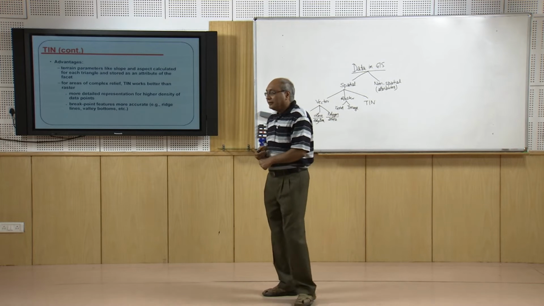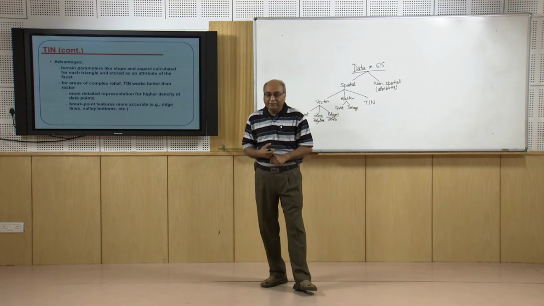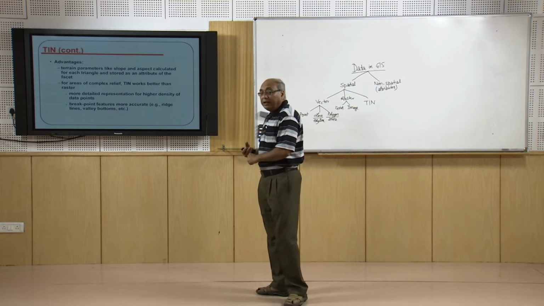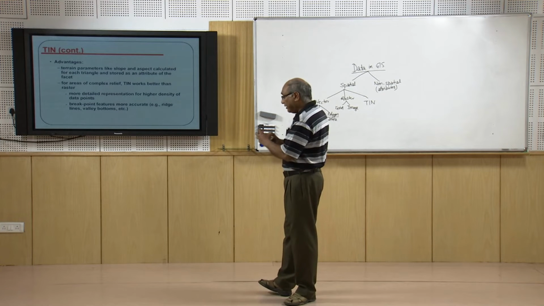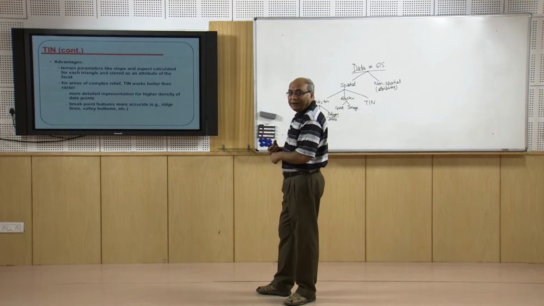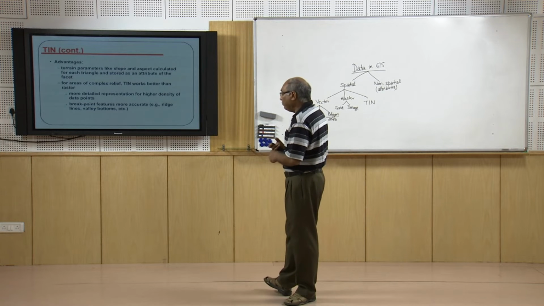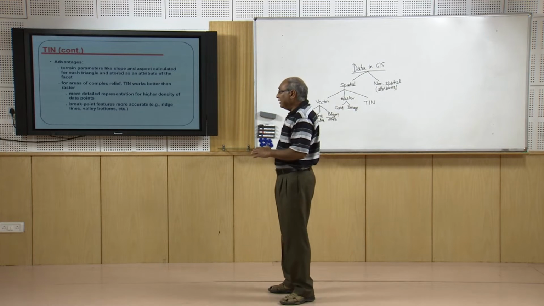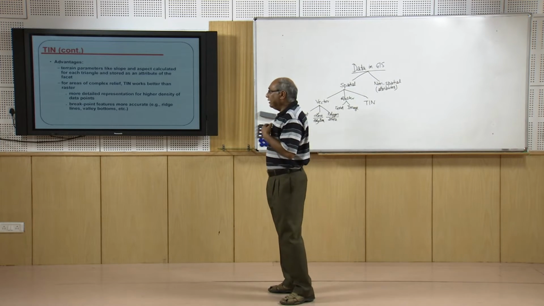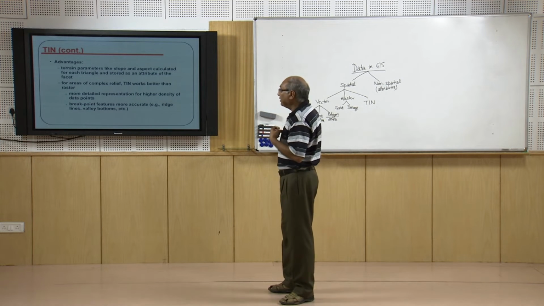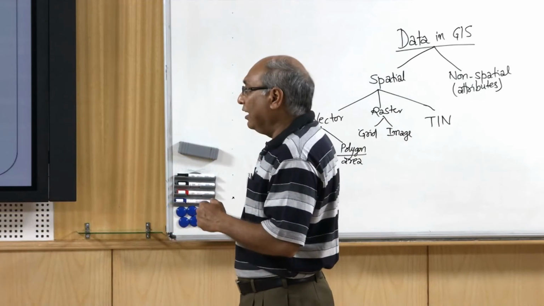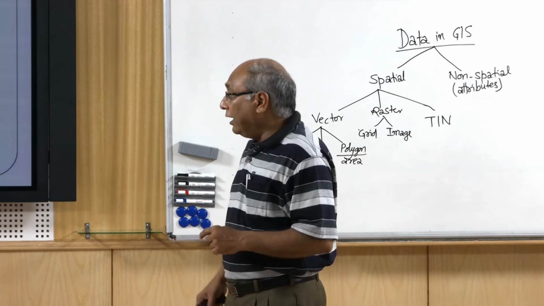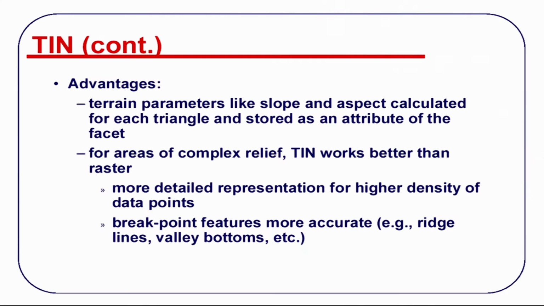Now let's look at the advantages and disadvantages associated with the TIN model. Because it is adaptable, it can represent complex relief or terrain roughness very nicely compared to even vector data or raster data. Secondly, I have already mentioned that terrain parameters like slope and aspect are calculated for each triangle and stored as an attribute of the facet, that means the triangle, and there is a more detailed representation for higher density of data points.